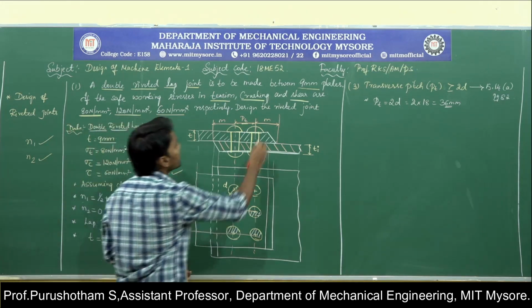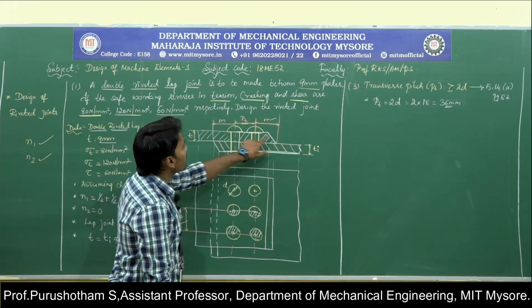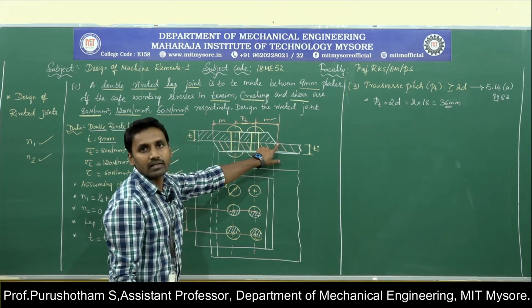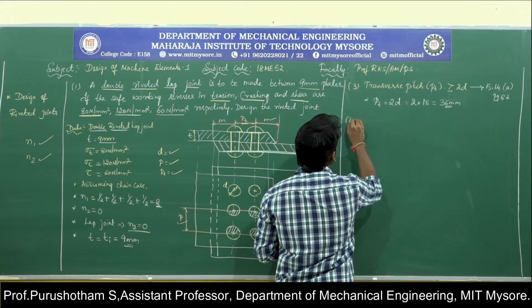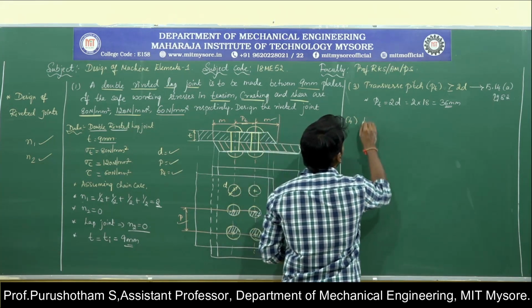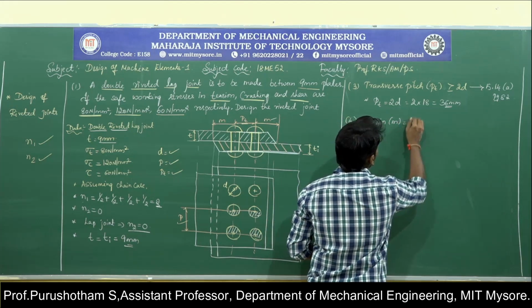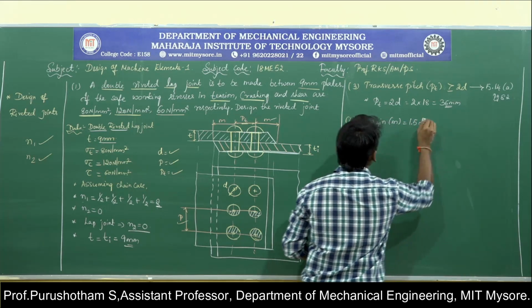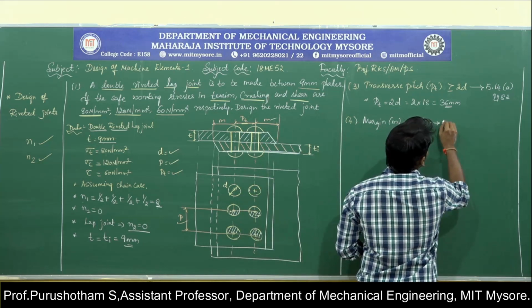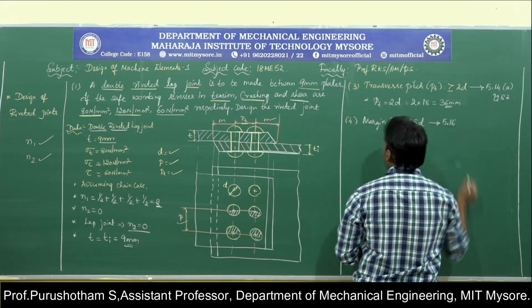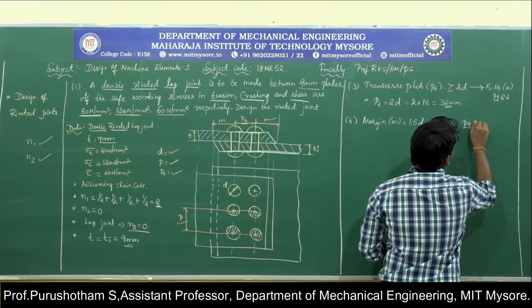Next I am going to calculate the margin. The distance between the center of the rivet hole and the nearest edge of the plate is called the margin. The fourth step is to calculate the margin, represented by M, which is given by 1.5 times D. This is also available in the data handbook, equation number 5.16, page number 83.